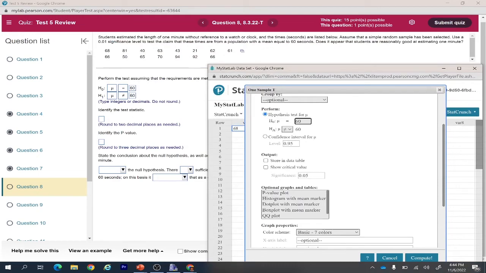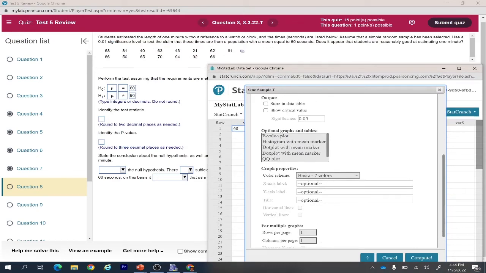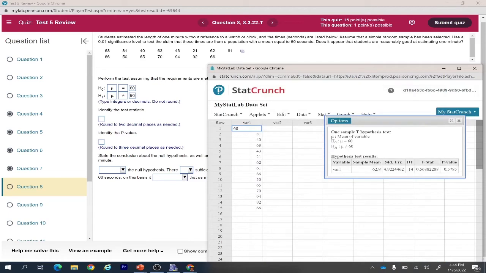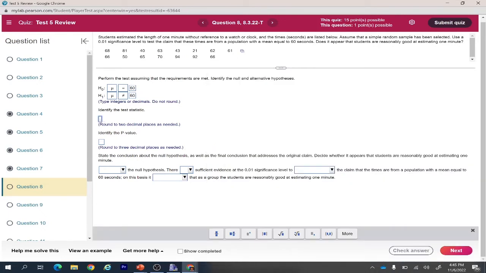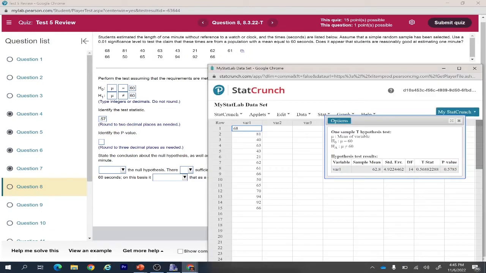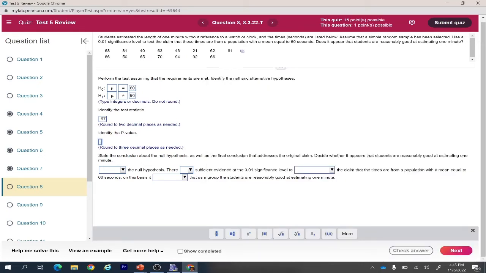That's the null hypothesis, and the alternative is not equal to 60. If you hit compute, it gives you the test statistic, which is 0.57. That's the test statistic. One more time, it's 0.57, and then the p-value is 0.58.